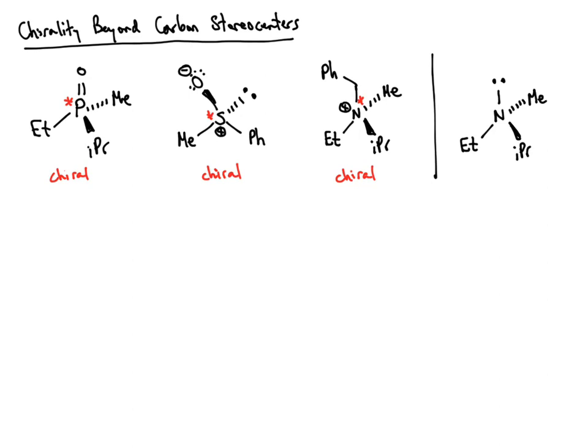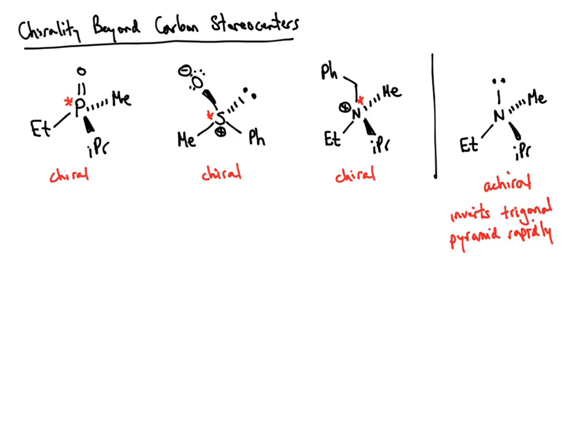Now, it turns out that this particular molecule is achiral, and the reason is that it typically inverts the pyramid rapidly. So I have a defined stereochemistry for this pyramid.